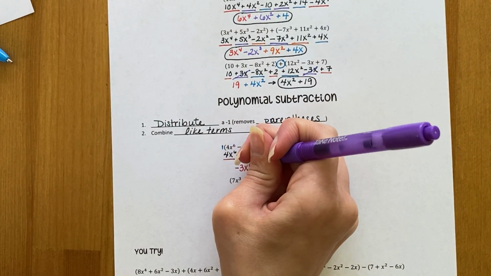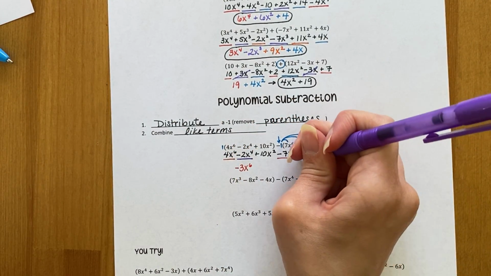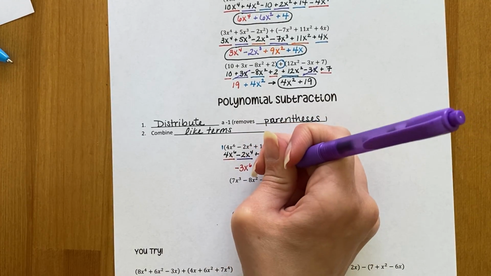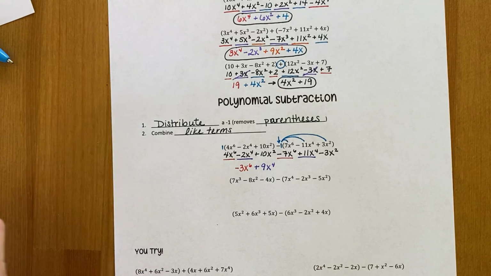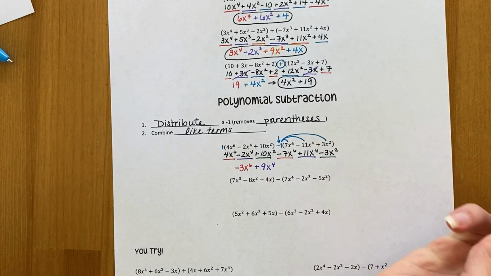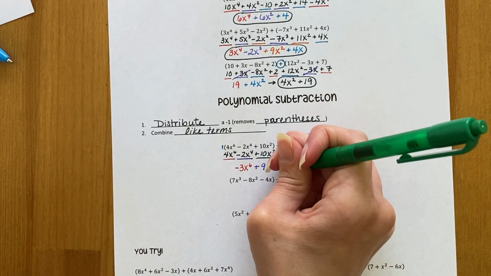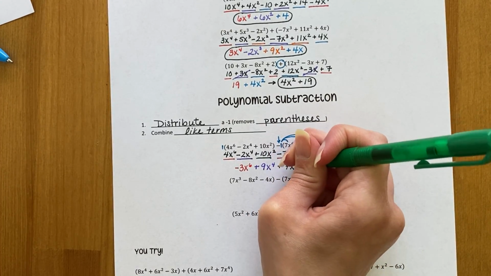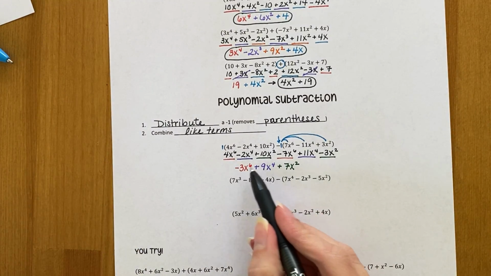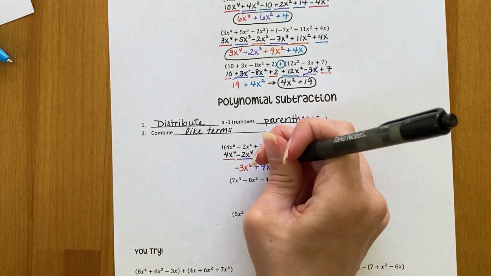I have -2x to the 4th and positive 11x to the 4th, which when combined will give you positive 9x to the 4th. And we have positive 10x squared and -3x squared, which should give me positive 7x squared as my final answer. Everything is in order in standard form. We have 6, 4, and 2, and no other like terms.